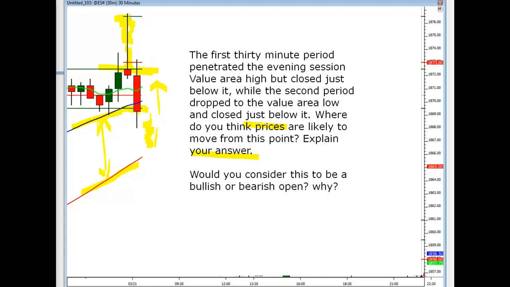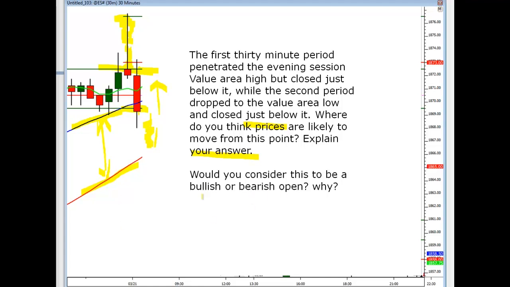Although the candlestick pattern that we see is a very negative one, more importantly, if you take a look at the overall picture of what's going on in the chart, there is a very good possibility we are probably going to move back higher for another retest of the value area high at minimum, and possibly even to see how much further we can penetrate into this area up here.